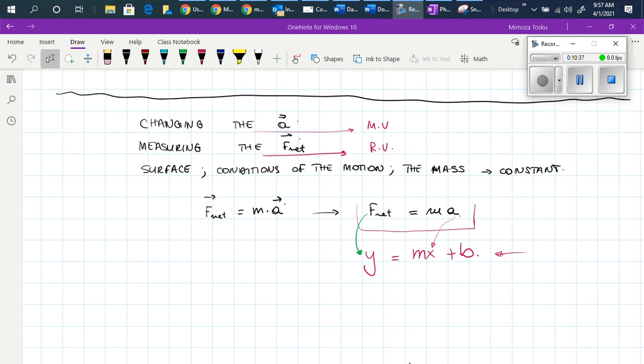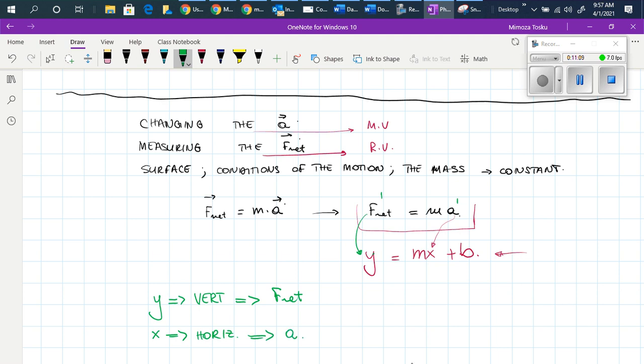In this case, you see that the responding variable is to the power of 1, and the manipulated variable is to the power of 1. So in the y-axis, or vertical axis, you will have force net, and in the x-axis, or horizontal axis, you will have acceleration.